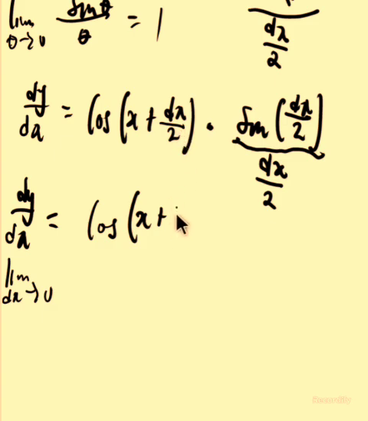You know, 0 over 2 is still 0, so I'm having 0. And as it approaches 0, we are going to have sine 0 over 0, and that is going to give me 1. I hope we get that.